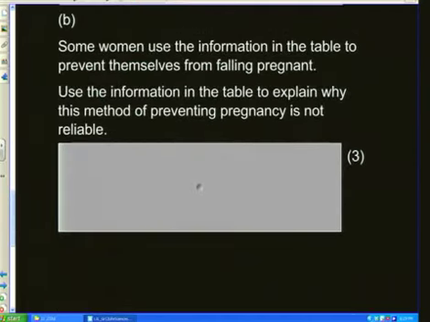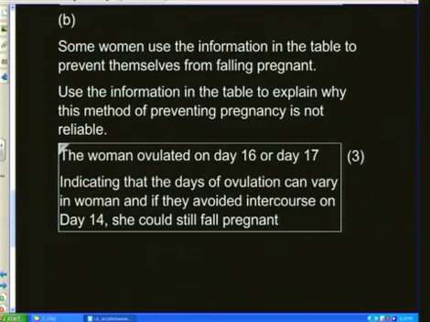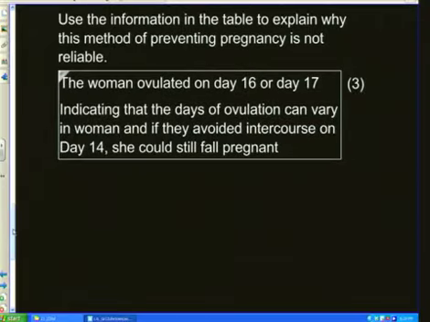So let's see what we have to offer there. The woman ovulated on day 16 or 17. We could have seen that there. Indicating that the days of ovulation can vary from woman to woman, and in the same woman also. One month it may be on the 14th, the next month it may be on the 15th, and so on. There are so many other factors that can happen. Stress can cause the ovulation to take place quicker and so on.